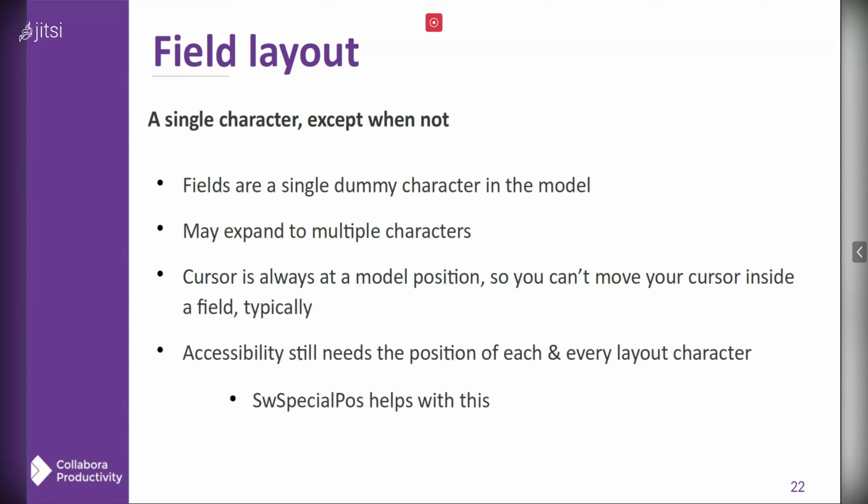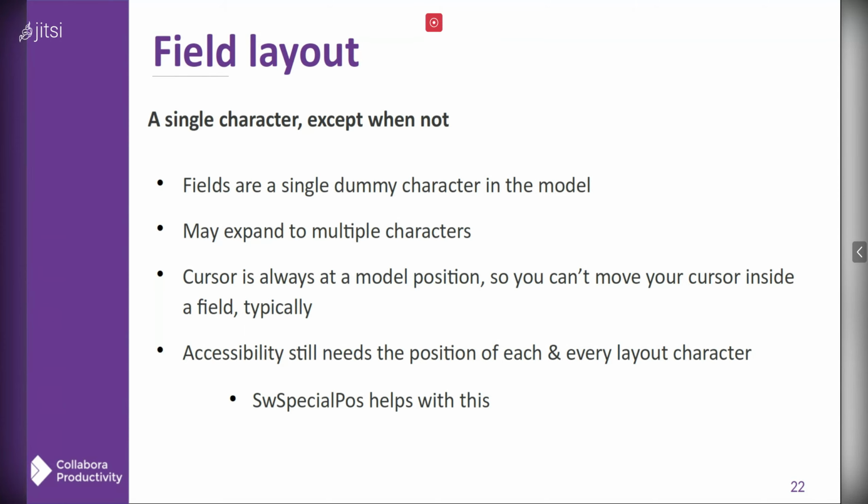And the cursor is always somewhere which has a model position. So if you travel with your cursor with the left and right arrow keys, then you typically can't go after the first 2, but before the second 2 in that field expand result. But still, for example, accessibility needs this information. It wants to know the position of each and every character. So we have a special position structure which helps you with this.